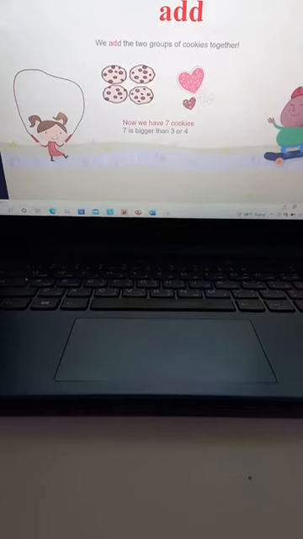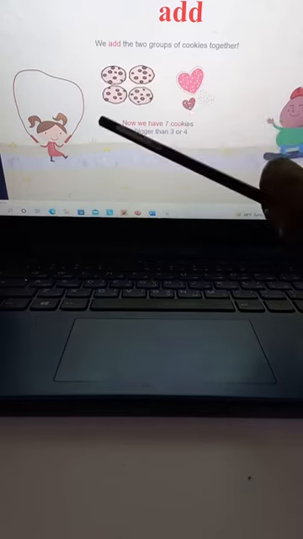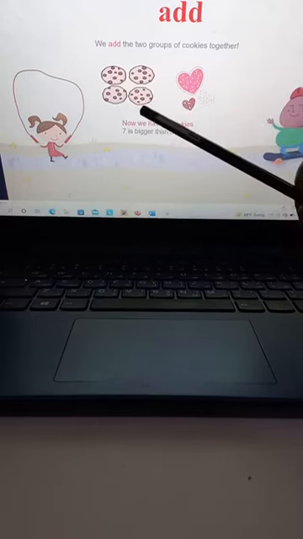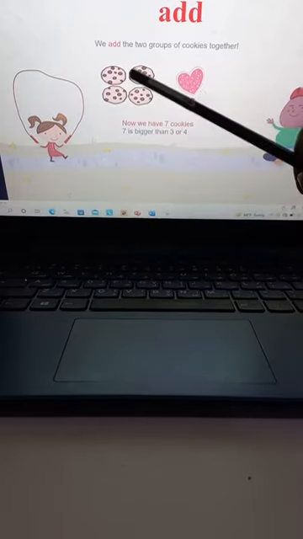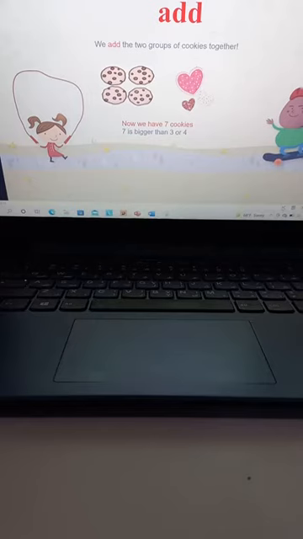So here we have the round cookies and the heart cookies. Let's try to count them together. Everyone, I want you to count with me. 1, 2, 3, 4, 5, 6, 7. 7, right? Yes.